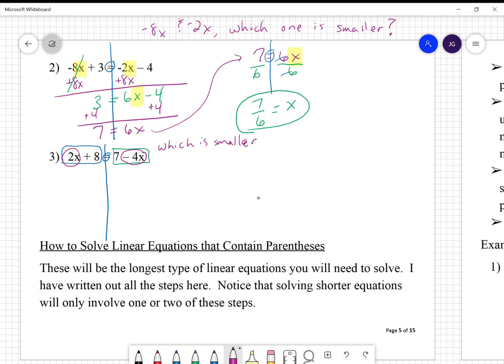Which is smaller, 2x or negative 4x? Negative 4x. So to get that to move to the other side, I do the opposite, or add it.